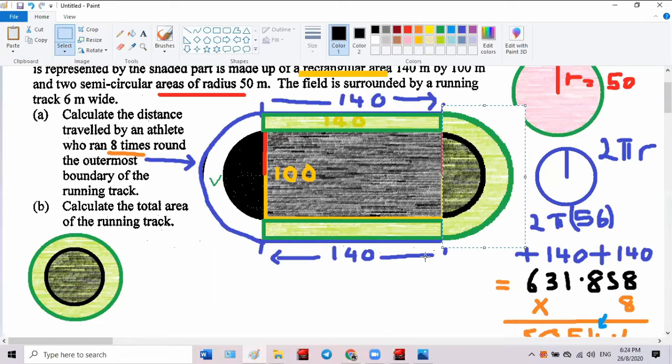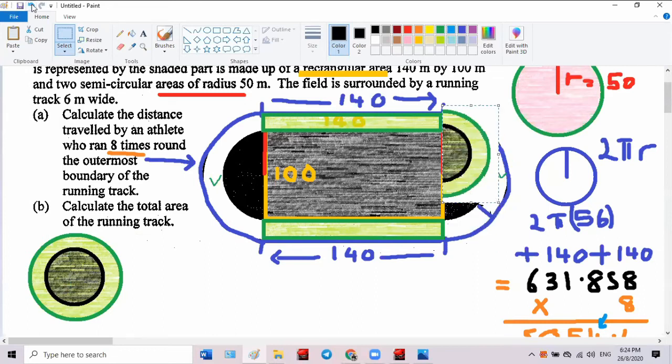So now we are going to find what is one giant green circle. What is the radius of the giant green circle? What's the radius? Who can tell me?